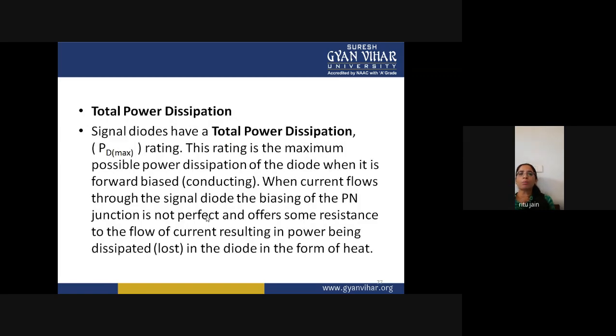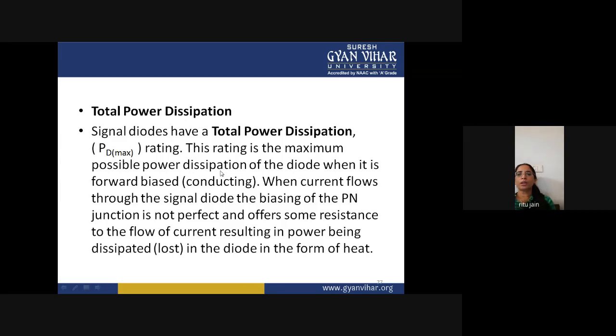Now let's talk about the total power dissipation. So what is your total power dissipation? Signal diodes have a total power rating. This rating is the maximum possible power dissipation of the diode when it is in forward bias.